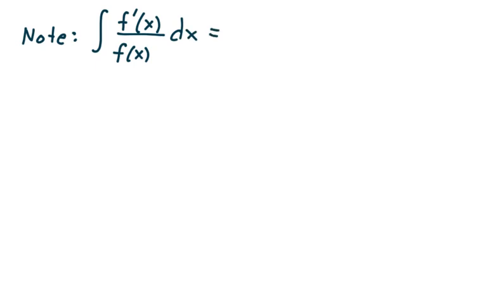So the function's in the denominator, the derivative of that function is in the numerator. By a u substitution, I claim that this is natural log of the absolute value of f of x plus c. We can actually show this by u substitution.